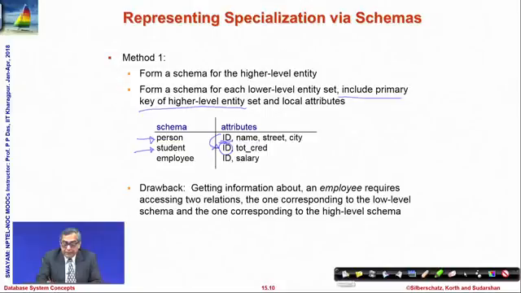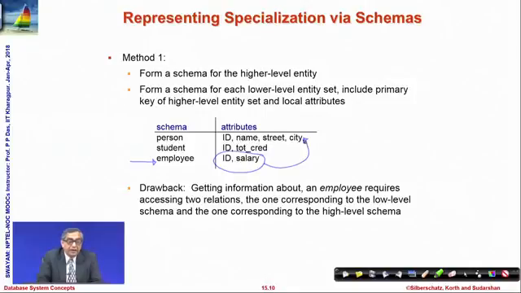Now, this representation is in a way optimized, because you are representing the information only once when it is needed. But the drawback is, if you have to find out information about, say, employee, then you will not only have to access the employee entity set or the corresponding relation in the relational schema, but you will also have to access the parent or higher level entity set to get the attribute values which are inherited.